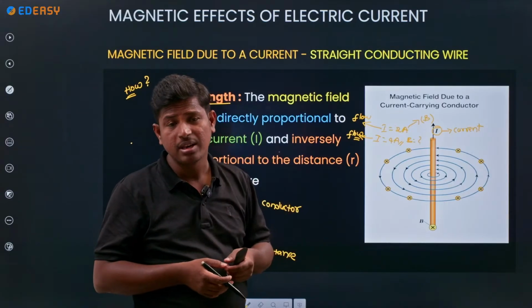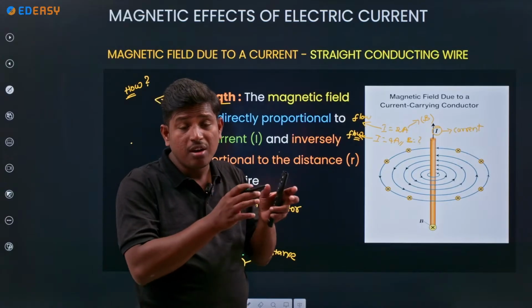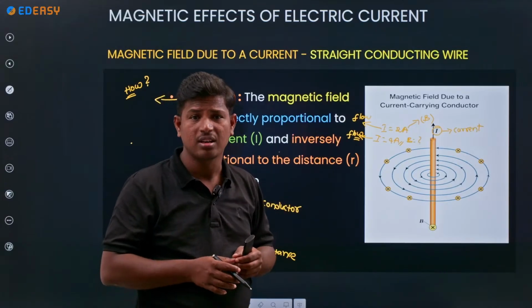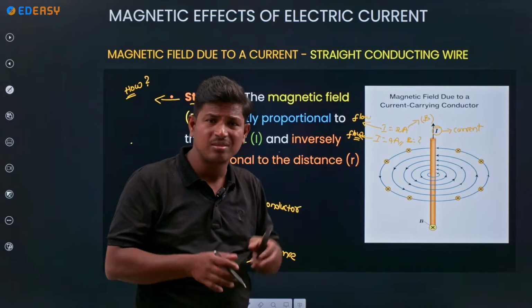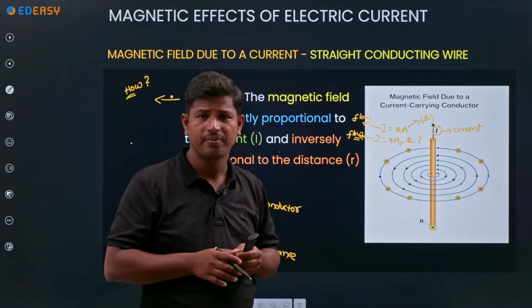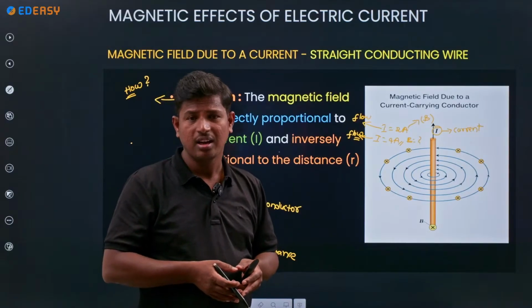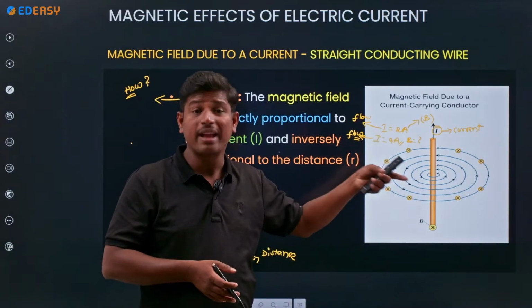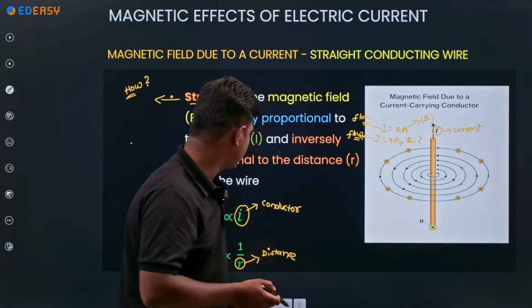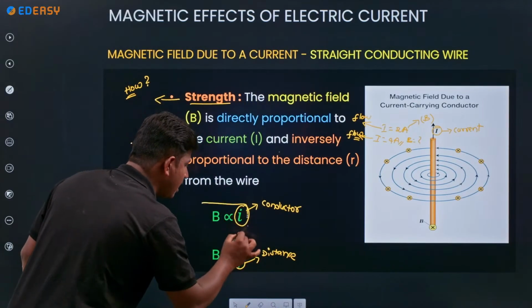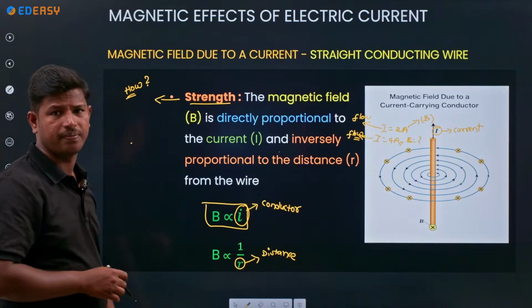Remember the experiment: the movement of charged particles, of electrons, produces a magnetic field. If there is no movement, there is no magnetic field. So if the current is high, the magnetic field is also high. That's why magnetic field and current are proportional to each other.